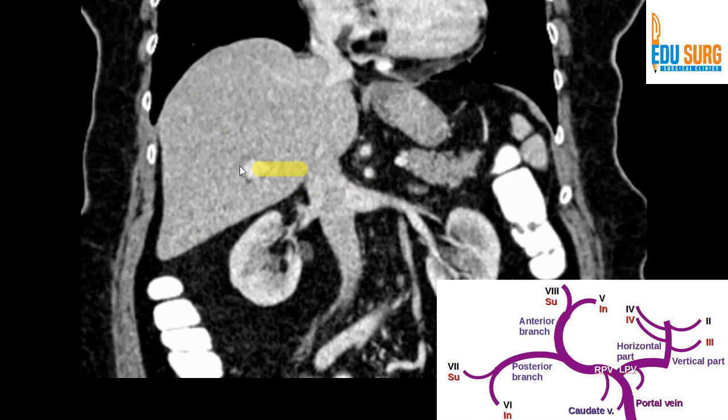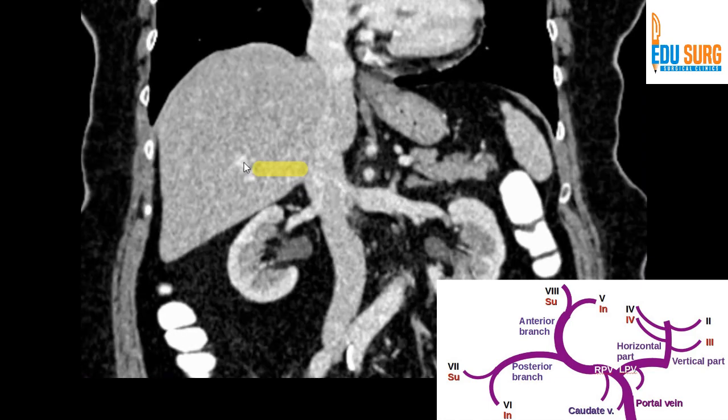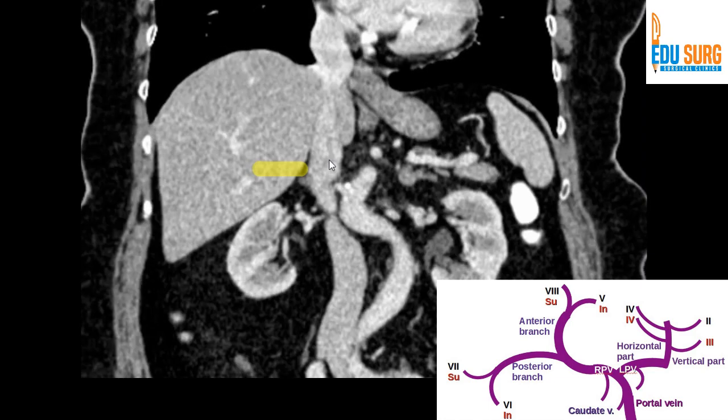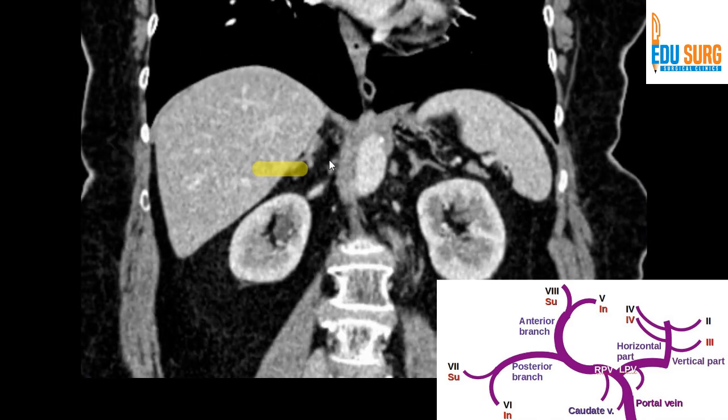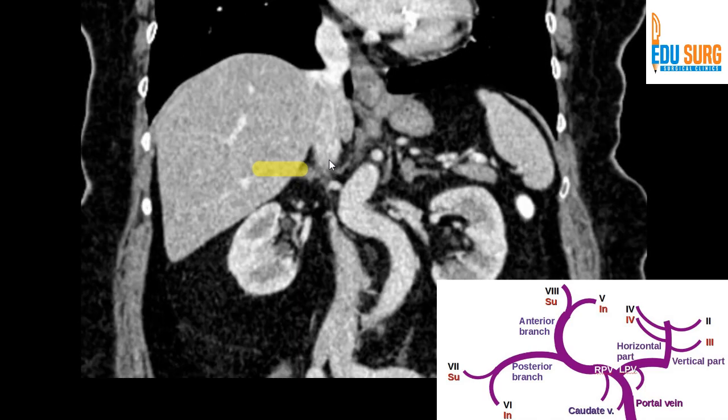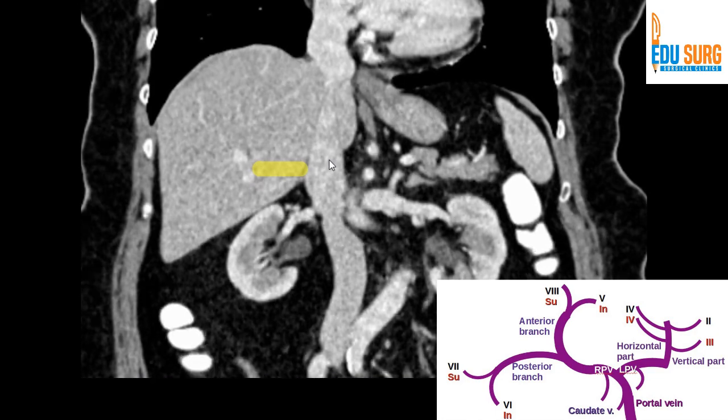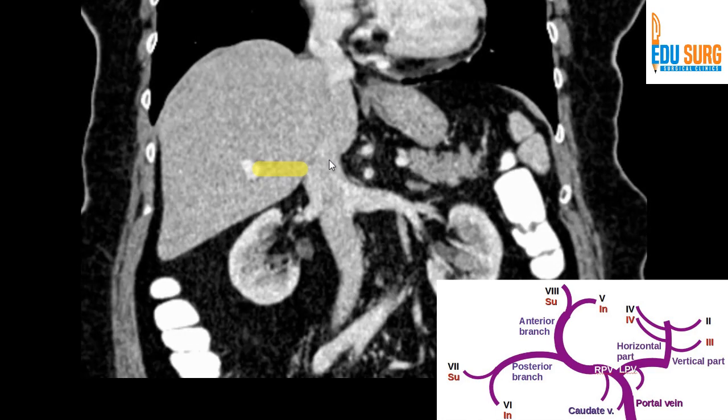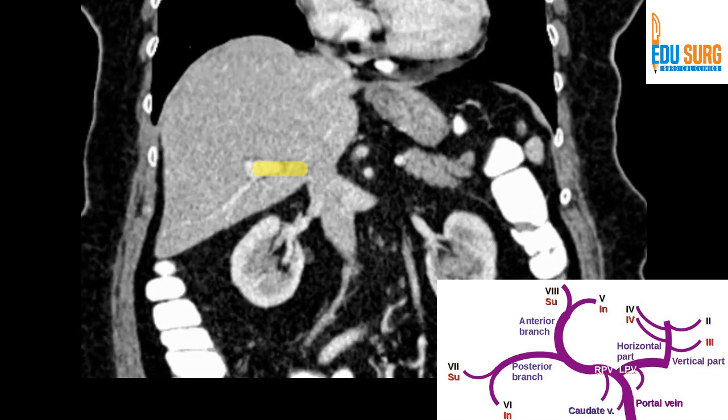I'll remove the markings and keep only the right portal vein. So now when you follow this as I go posteriorly, it is dividing into two branches, which are branches to segment 7 and segment 6. Right? So segment 7 and segment 6 branches joining the right posterior portal vein.